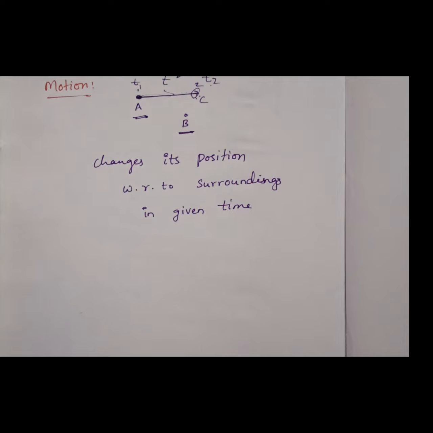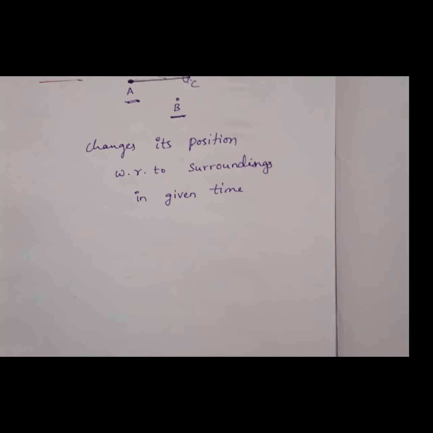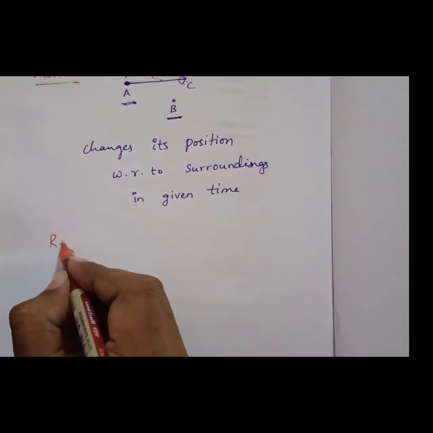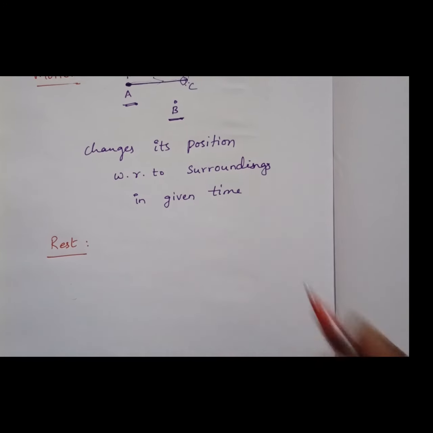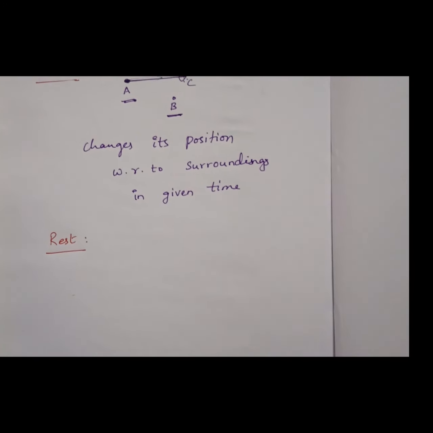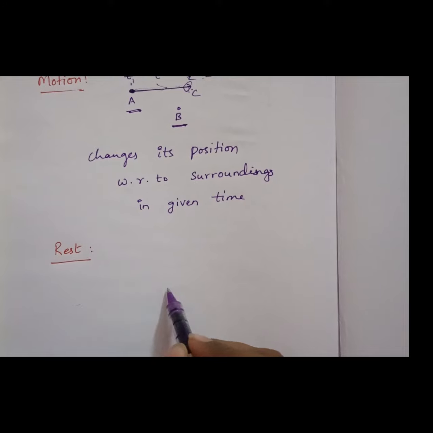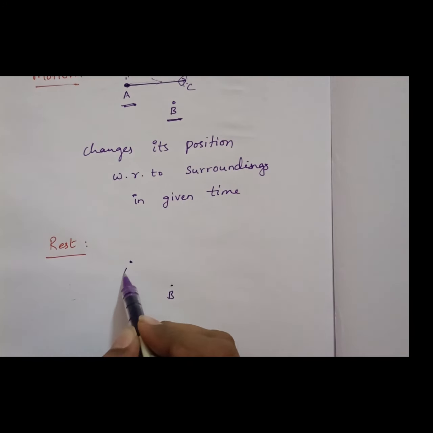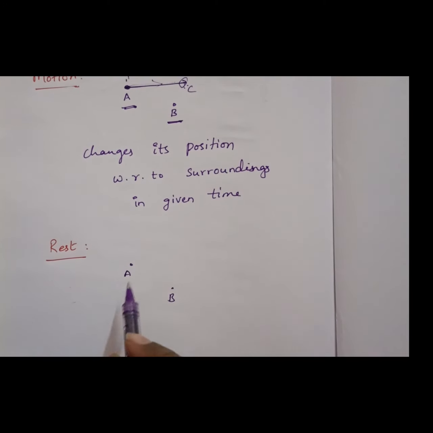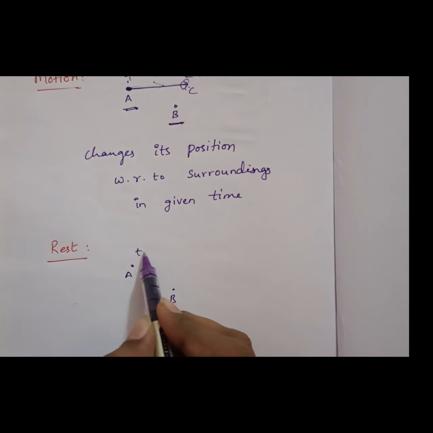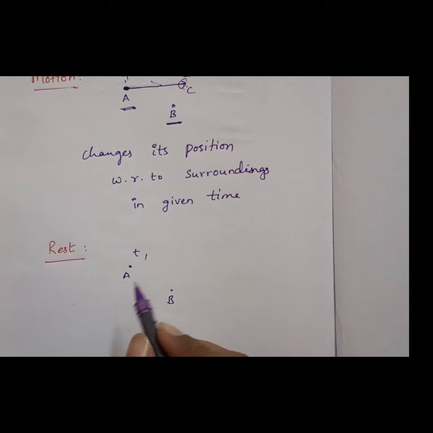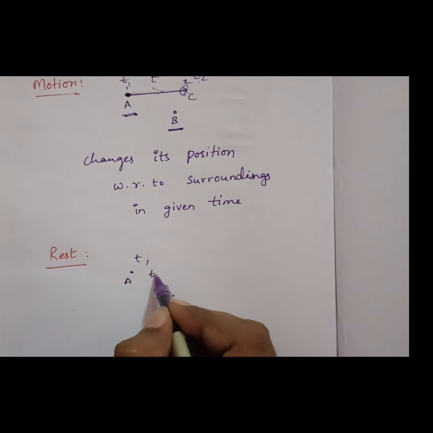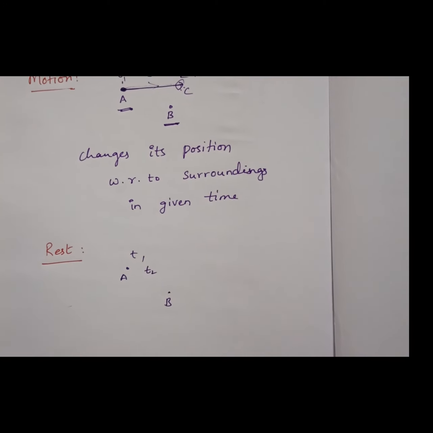Next, rest. Here, if B is observing A, at T1 time he is in this position. After some time T2 he is in the same position.